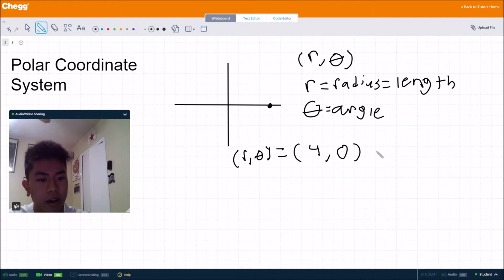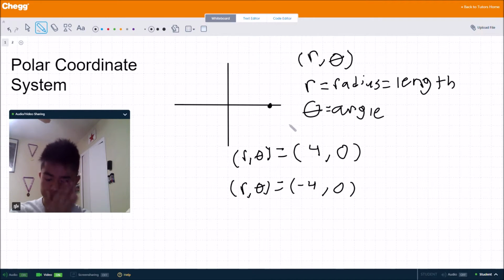How about, I want to plot the point now, -4, 0. Same concept. It's on this line, angle 0, right? It has a length of -4, though.